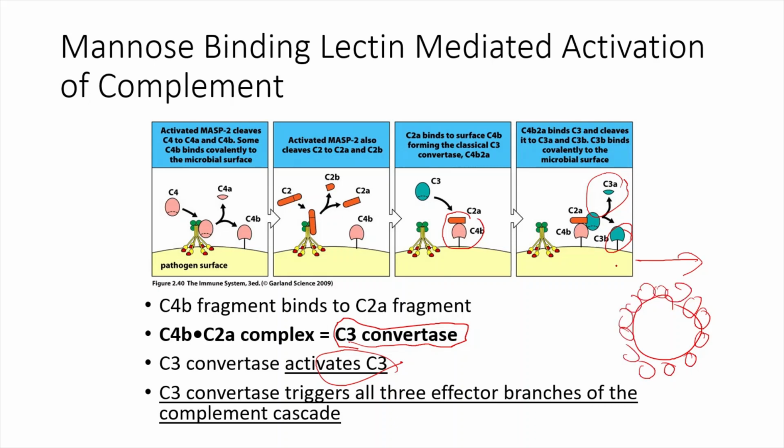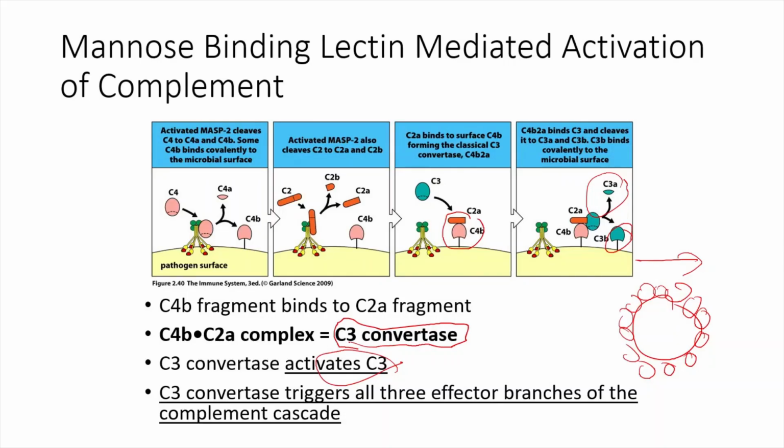So the initiation part is a little different from the alternative pathway, but the end result is always the same. That's the basic summary of the key concepts, or perhaps the most complex concept. Nothing is very difficult, but it's a complex concept in this exam coming up.